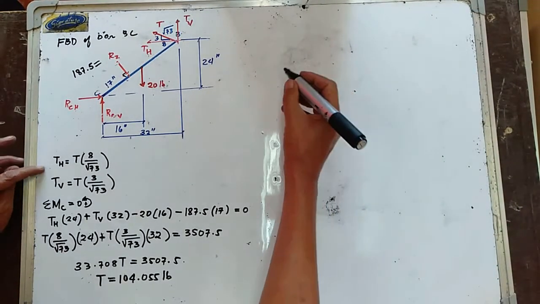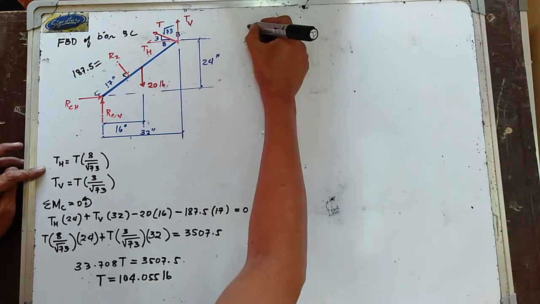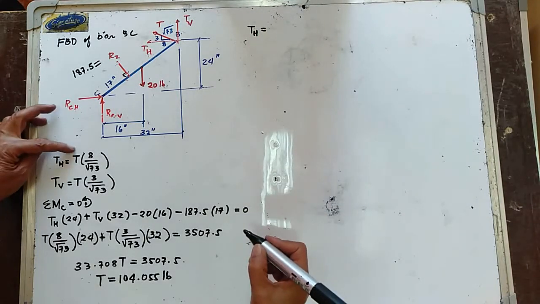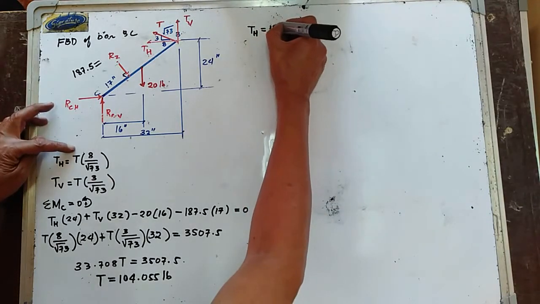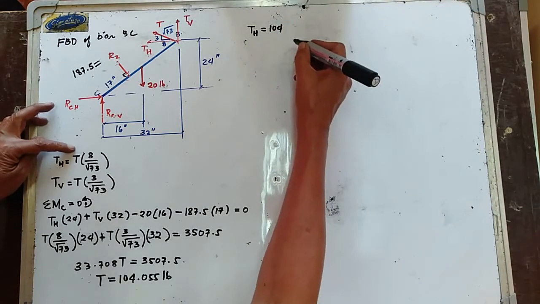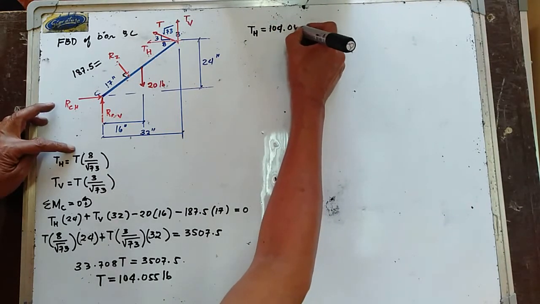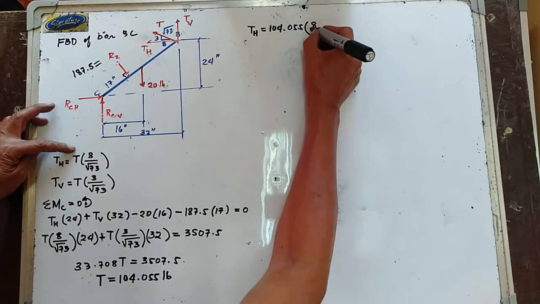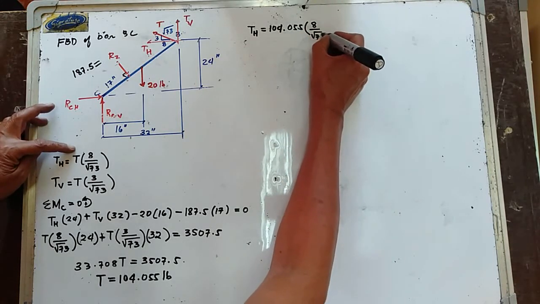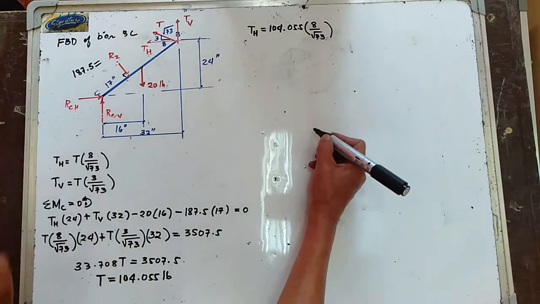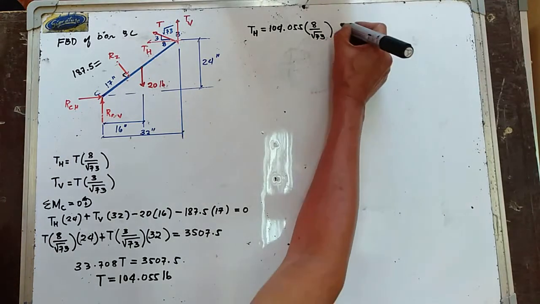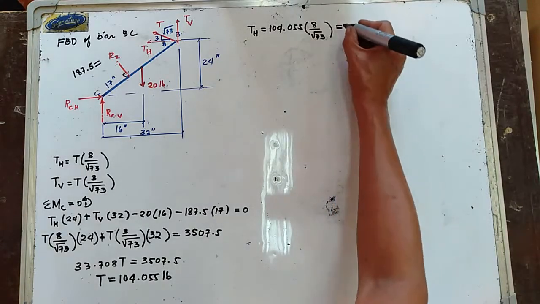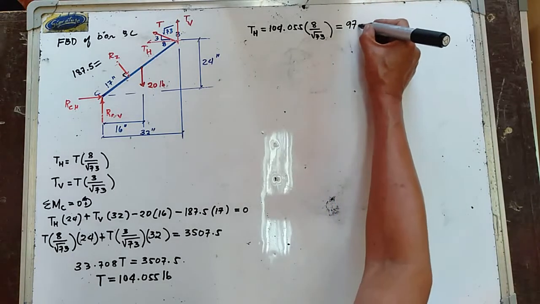Now, let us determine the value of TH. TH is equal to T, which is 104.055, multiplied by 8 over the square root of 73. This is equal to 97.43.